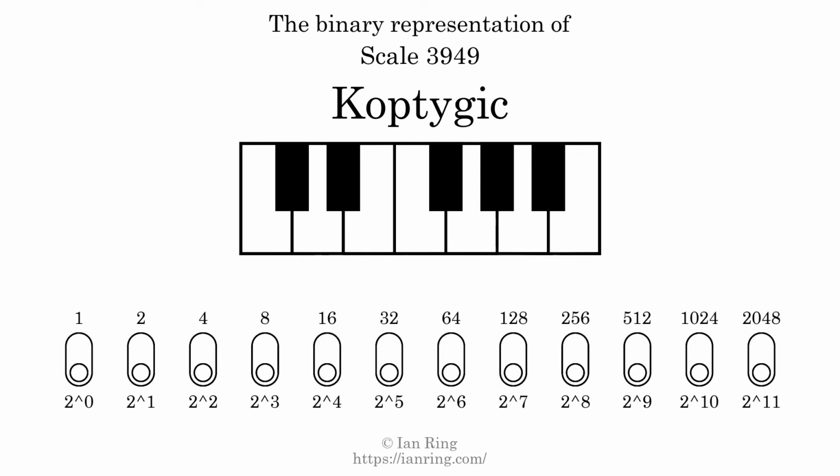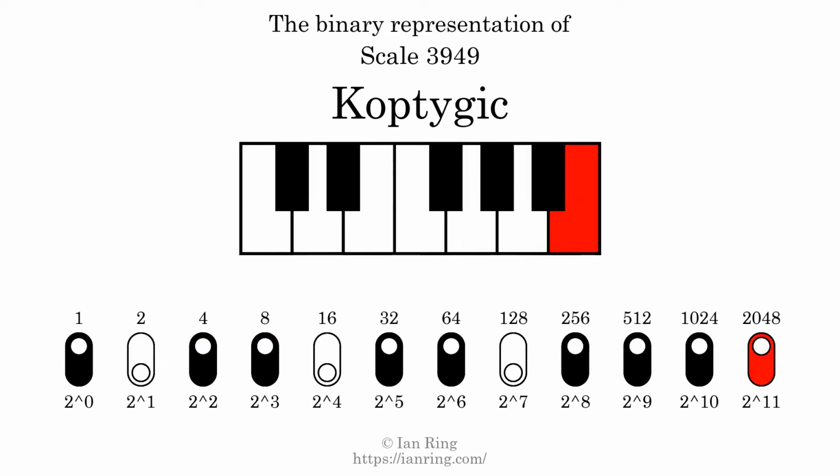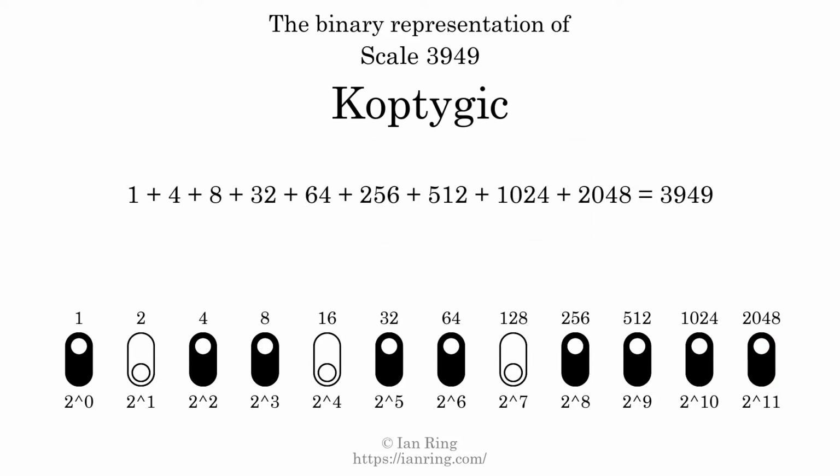The binary representation of this scale is determined by mapping tones of the scale to binary digits. Each binary digit represents a power of 2. To get the scale number, we add the powers of 2 together. The powers of 2 that are present in the scale, all added together, equals 3949.